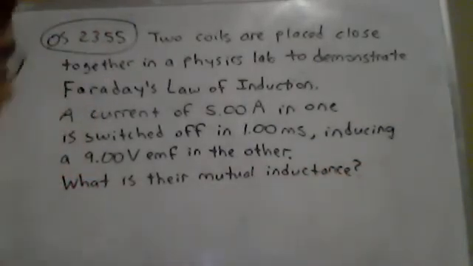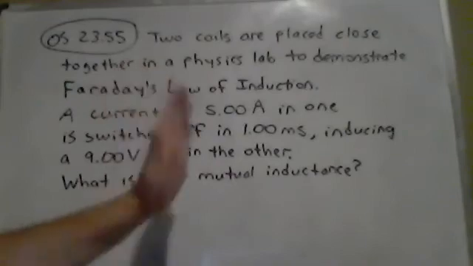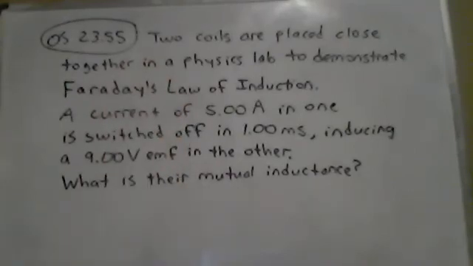Okay, so OpenStax 23.55. Two coils are placed close together in a physics lab to demonstrate Faraday's law of induction. Okay, so again, just like the rightmost picture I drew in the very beginning of the part 1 lecture for chapter 22. A current of 5.00 amperes in 1 is switched off in 1.00 milliseconds.